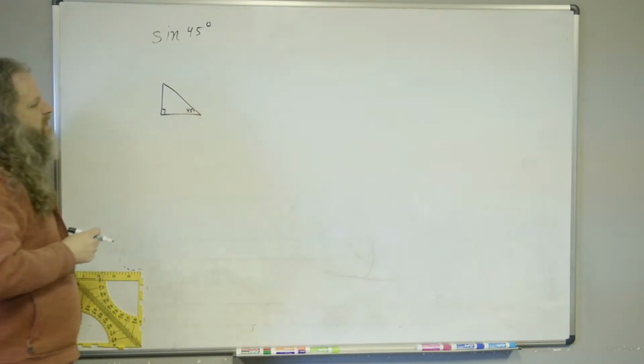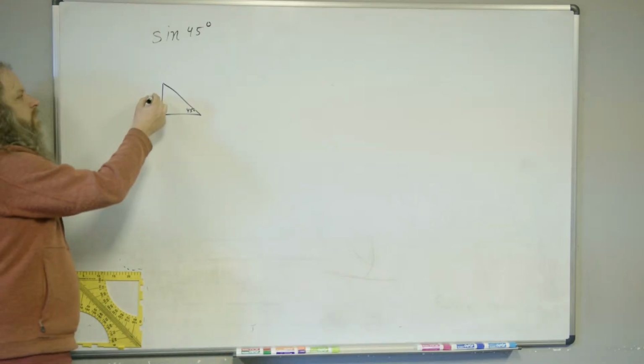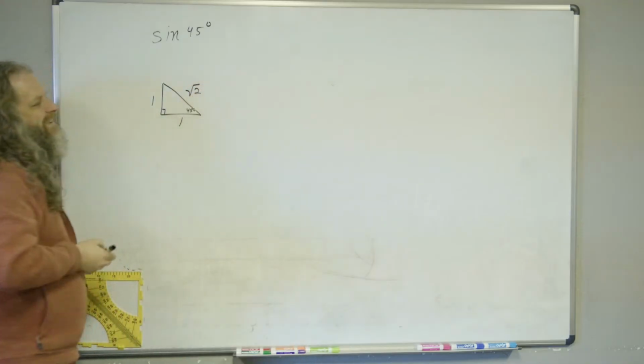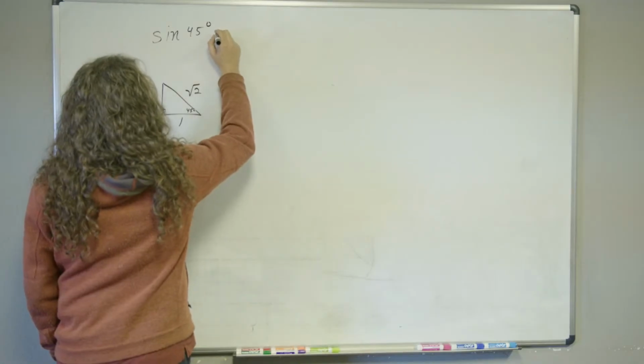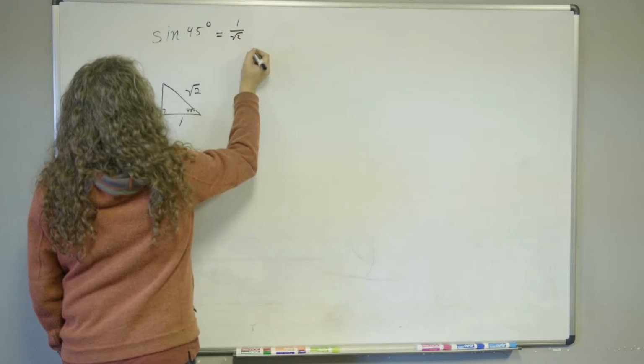So what are the ratios in a 45, 45, 90 triangle? 1, 1, square root of 2. Okay, so sine is what in opposites, adjacents, and hypotenuses? Opposite over hypotenuse. So this equals 1 over the square root of 2.